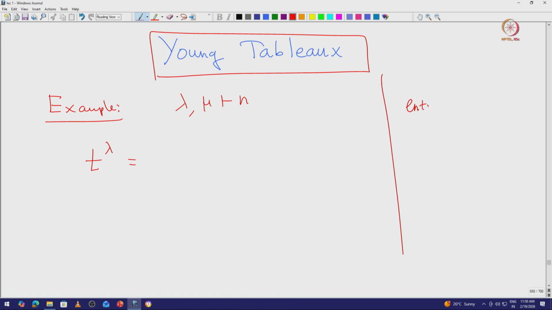Entries in the same row of S mu are located in different columns of T lambda.